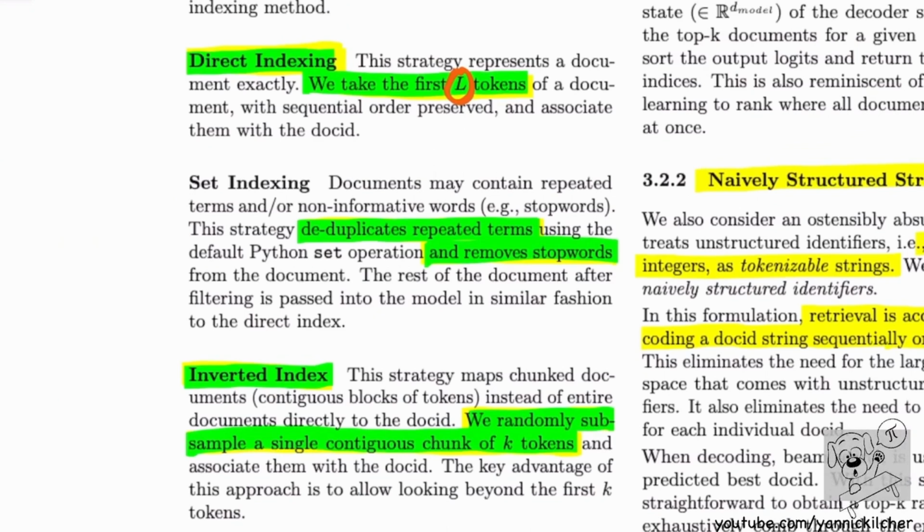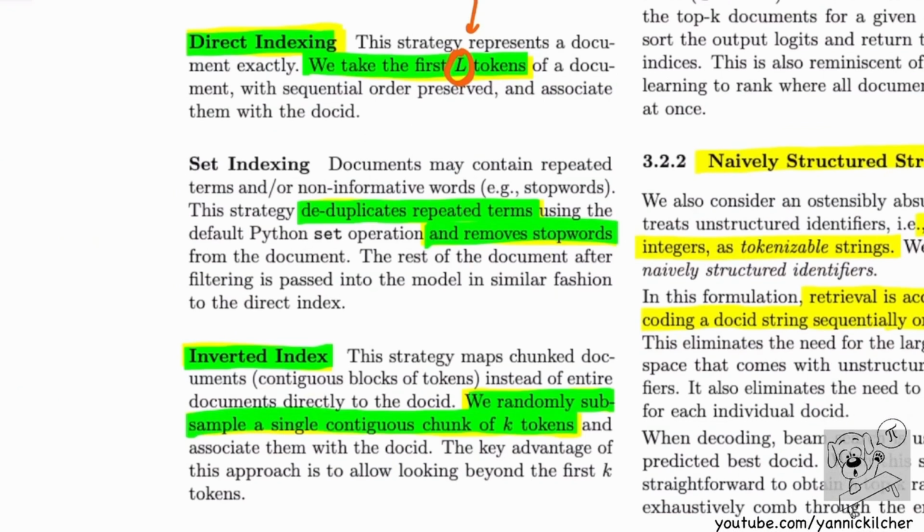Something's going on. Either the data set is such that for some reason I can find a lot of the answers that I'm looking for in the beginning of the documents that are indexed, but this is purely a property of the data set, or it is really the introduction of a tiny bit of noise, namely that for the same document ID, I see different substrings, different tokens. That already kicks the method out of its comfort zone.